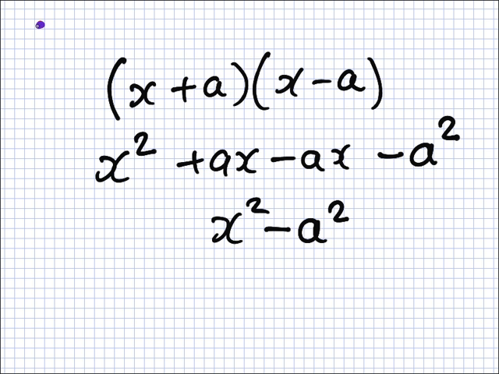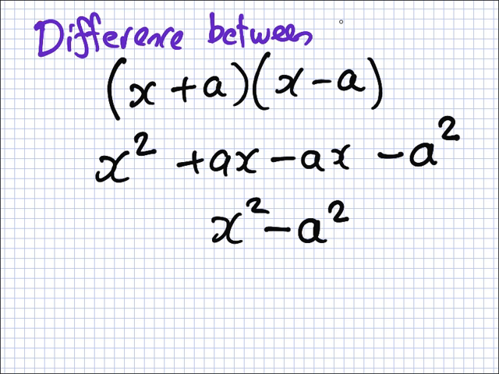Square minus. Pretty close. She's not too far away, is she? She said square minus. So can we fix the grammar? It's not called square minus, and it's not called minus square either. Difference between two squares.